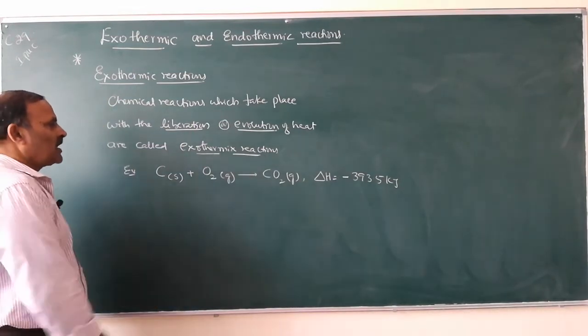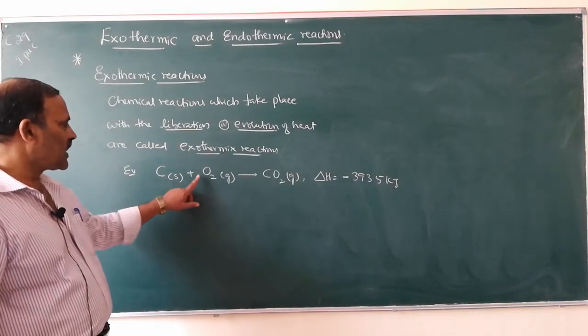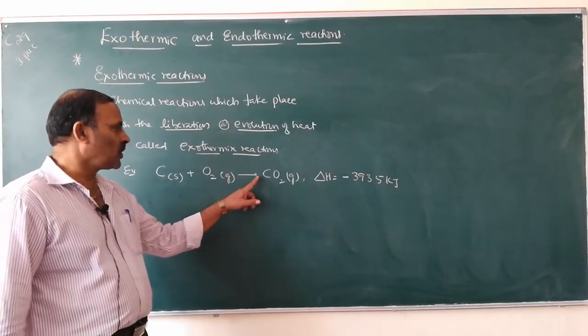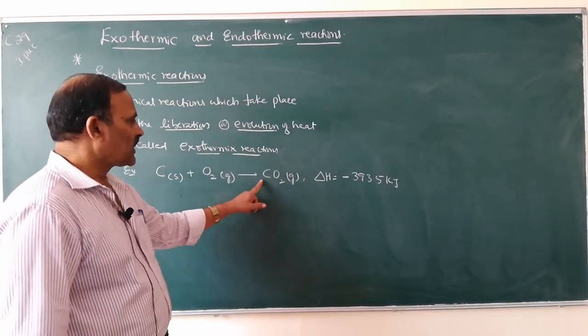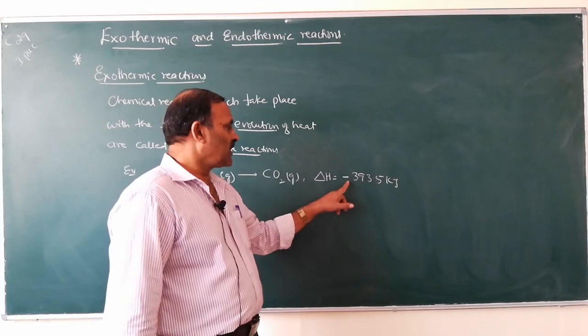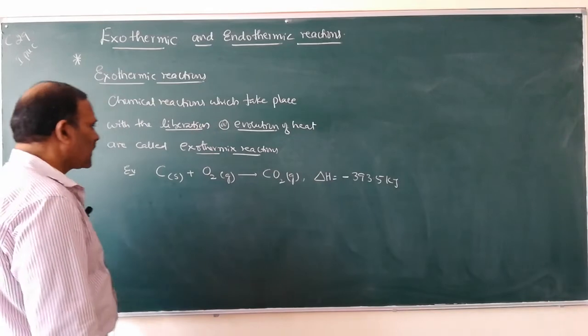So, what is the meaning of this one? When 1 mole of carbon solid reacts with 1 mole of gaseous oxygen to give 1 mole of gaseous carbon dioxide, 393.5 kilojoules of heat is liberated. So, it is an exothermic reaction.